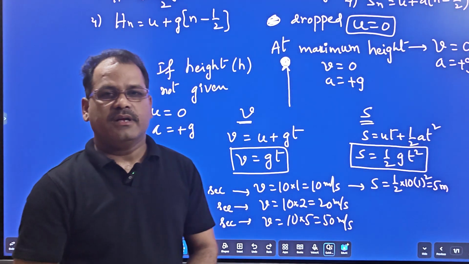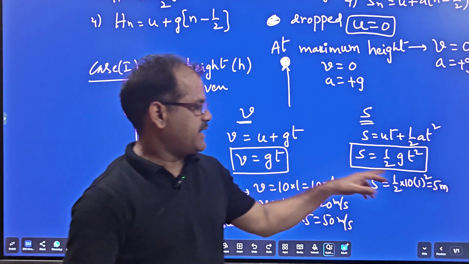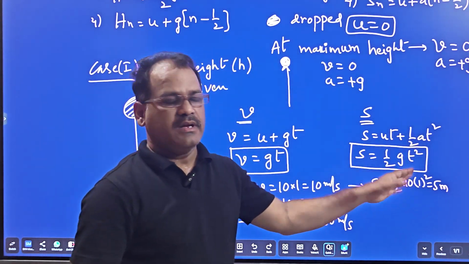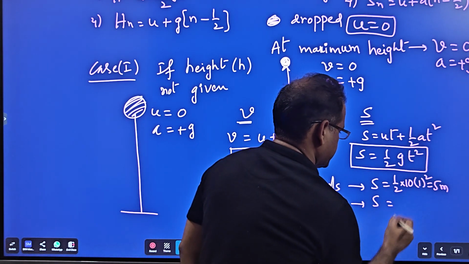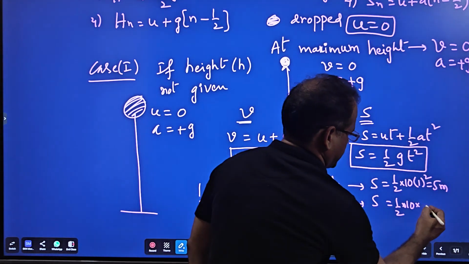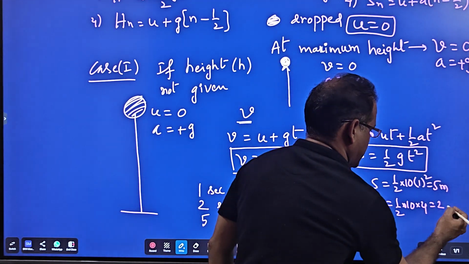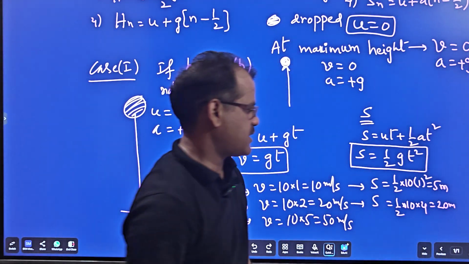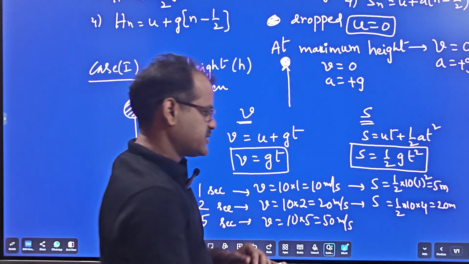After 1 second of dropping, an object travels 5 meters. After 2 seconds, how much distance has it travelled? Half, g value 10, 2 square is 4, that means 2 into 10, 20 meters it has travelled. After dropping, after 2 seconds, 20 meters distance covered in the vertical direction.